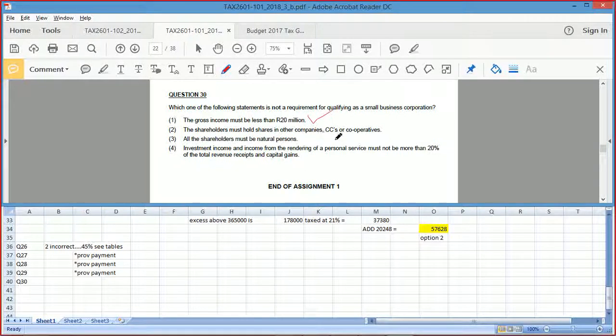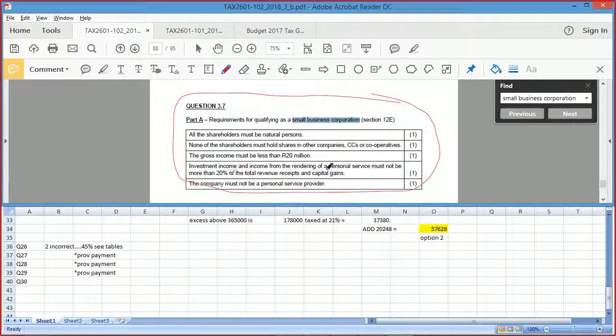Shareholders must never hold shares in other companies. If they want to classify themselves as an SBC, that one's always out. Same as micro business, all the shareholders must be natural persons, definitely. Investment income and income from rendering of a personal service must not be more than 20% of total revenue, receipts, and capital. Let's go back. Here it is.